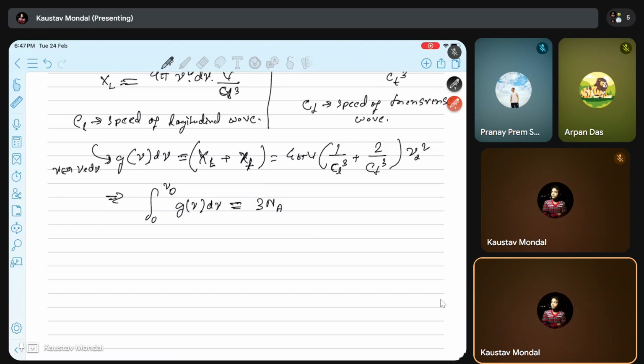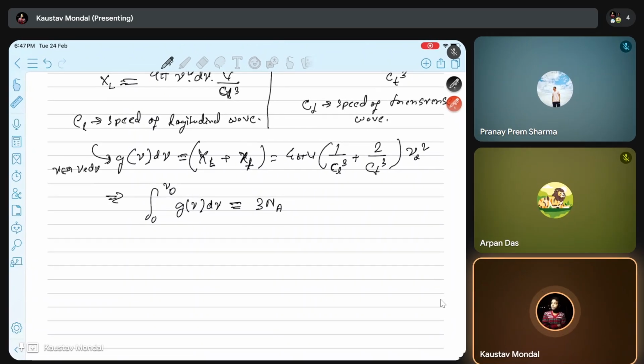So if you do the integration of the density of states from 0 to nu d, the maximum, it will give you the total degrees of freedom.